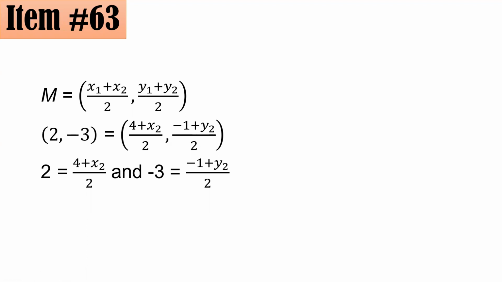Do we have questions or clarification so far how we arrive to these equations? So far, none. Okay. So if that's the case, we will solve now each equation. For the first one, multiplying both sides by 2 gives you 4 equals 4 plus x sub 2.